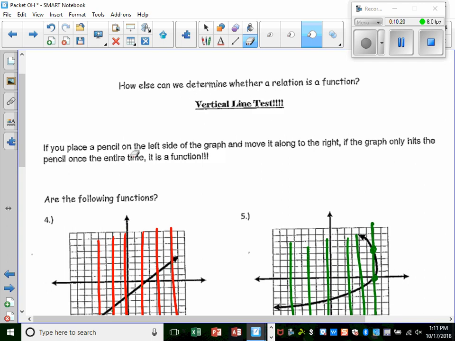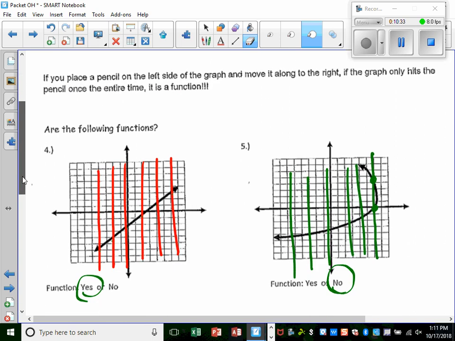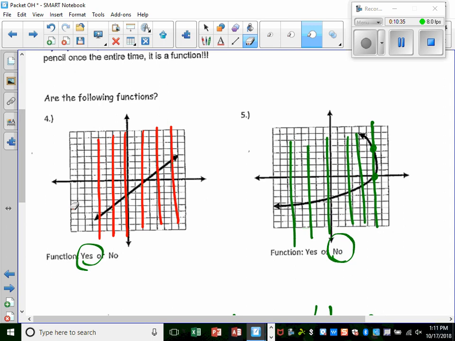If you place a pencil, and I just really draw some vertical lines on the left side of the graph and move it along the right, if the graph only hits the pencil once or the line once the entire time, then it is a function. So that's why we call it the vertical line test. So if you draw vertical lines through this graph, you can tell it's only going to touch at one point, okay, along this entire line.